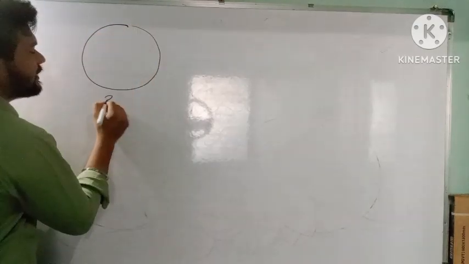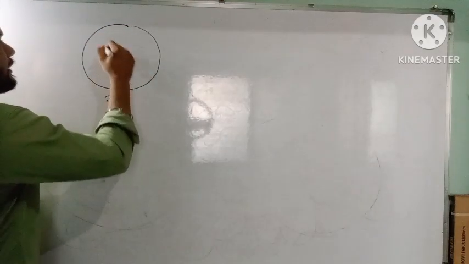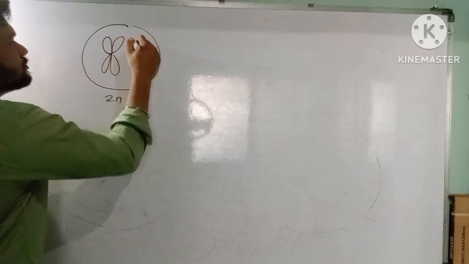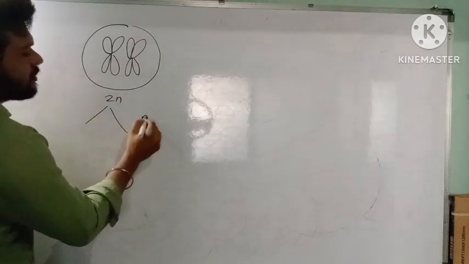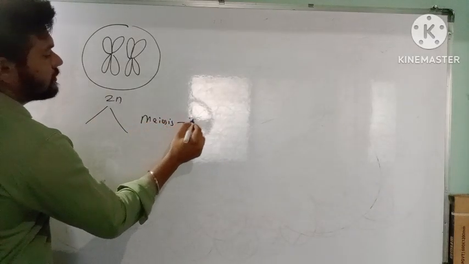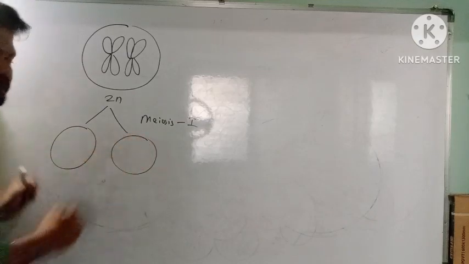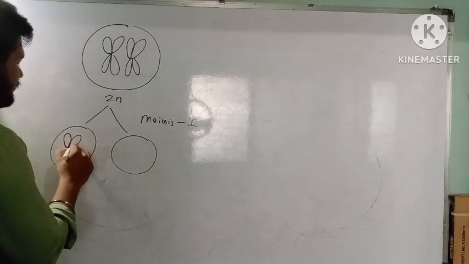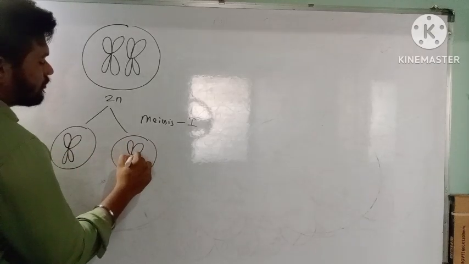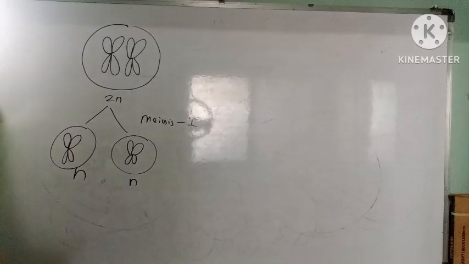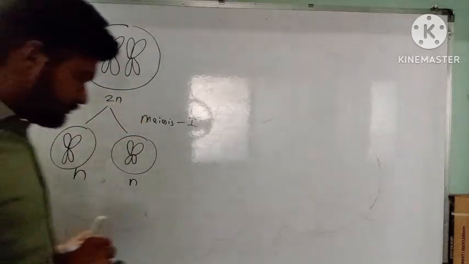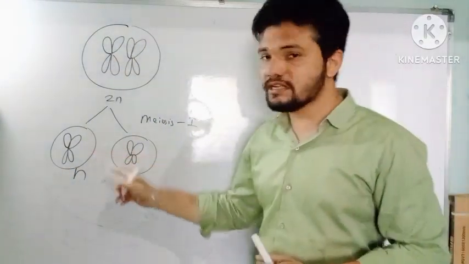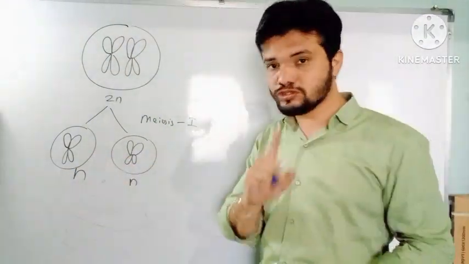See, so we started from the parent cell, which is a diploid cell and having two sets of chromosomes like this, right? After completion of meiosis 1, we had two daughter cells, and both of them are having one set of chromosomes, which means they are haploid. So homologous chromosomes are separated, and these two cells will go into meiosis 2.